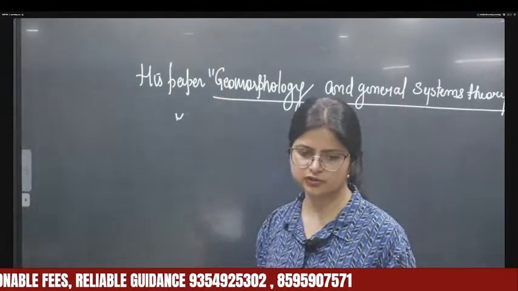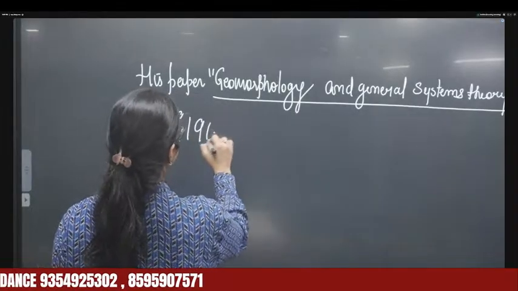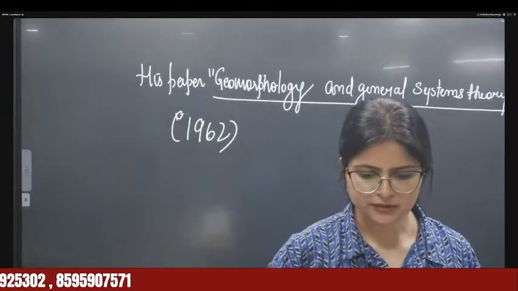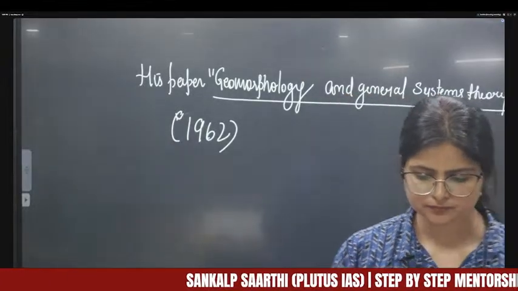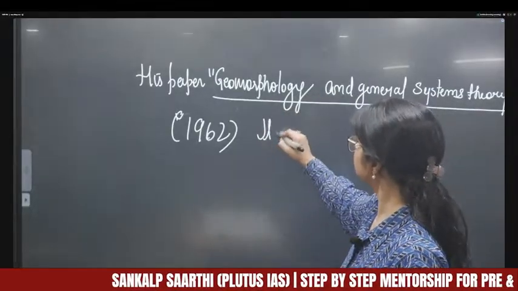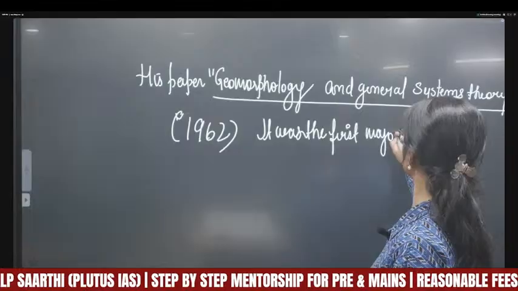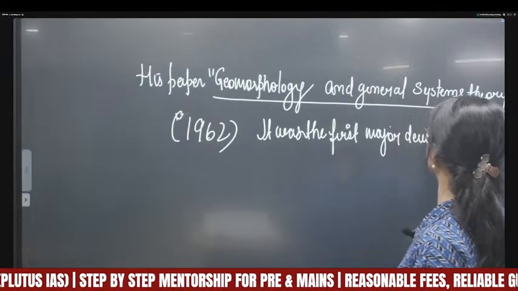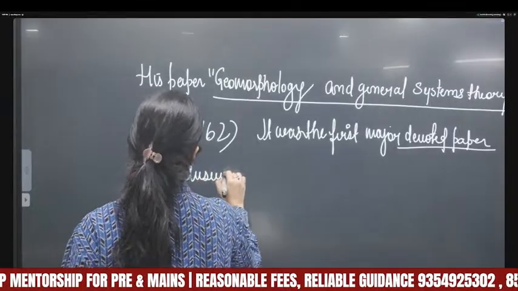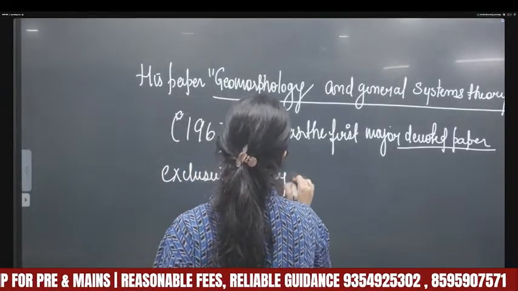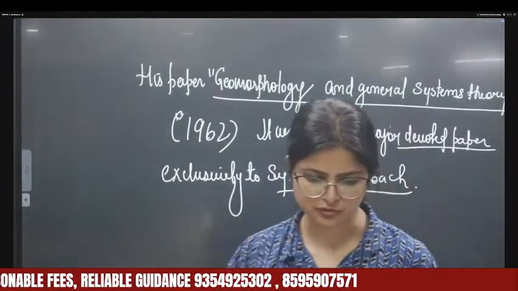In his paper Geomorphology and General Systems Theory, ब्रैकेट में लिखेंगे 1962, was the first major paper devoted exclusively to systems approach. Full stop.